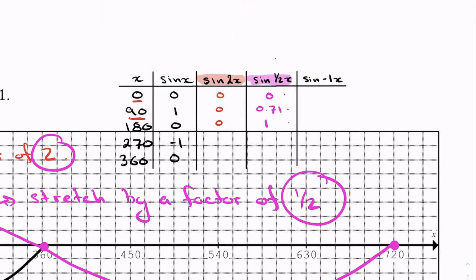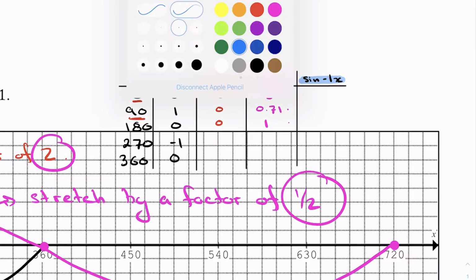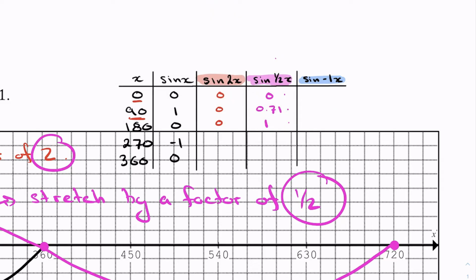Let's say blue, a blue marker. When x is 0, sine of negative 1 times 0 is going to be 0. When x is 90, sine of negative 90 gives us negative 1. Again, if you're not sure about that, go into your calculator, type in 90, negative, and then take the sine of it, you'll get negative 1. 180 will be 0 again. 270, I promise you, will be 1. And 360 will be 0.